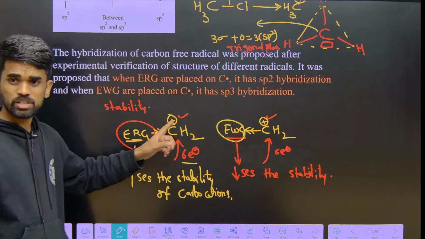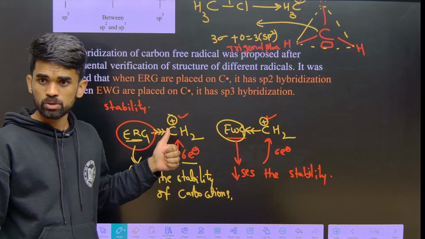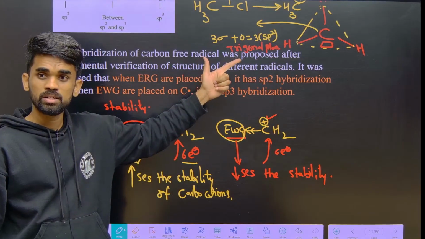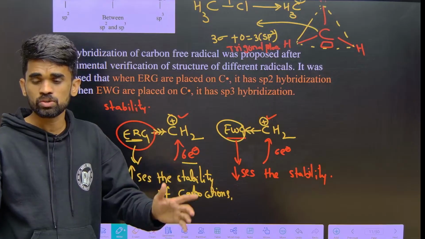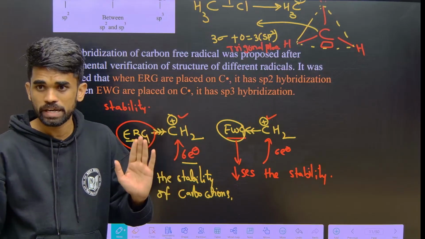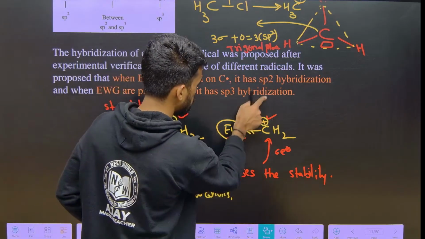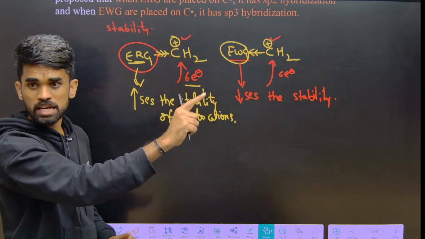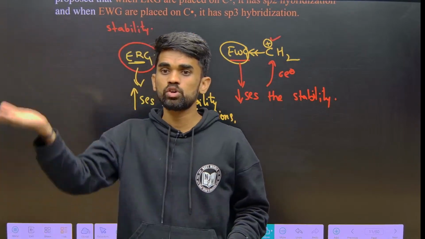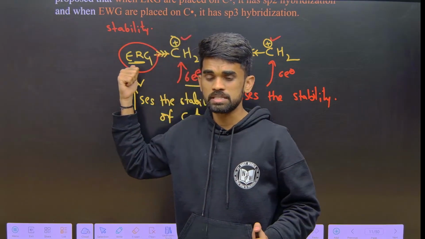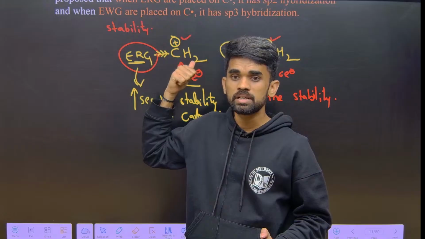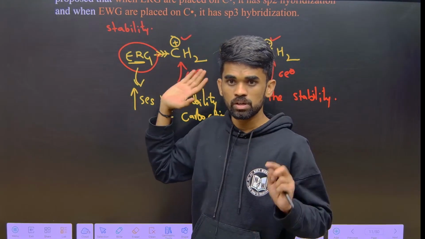So this is the statement regarding these things. Regarding hybridization, you should remember sp2, and geometry trigonal planar. Having 6 electrons, it is an electrophile and electron deficient. Now for stability, what statement can we make? Electron releasing groups increase the stability of carbocations, whereas electron withdrawing groups decrease the stability of carbocations.